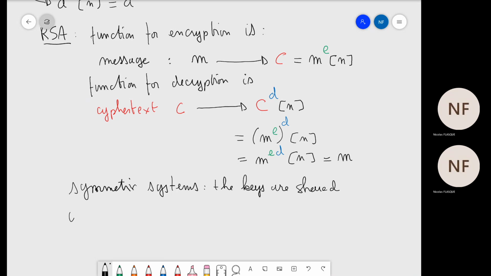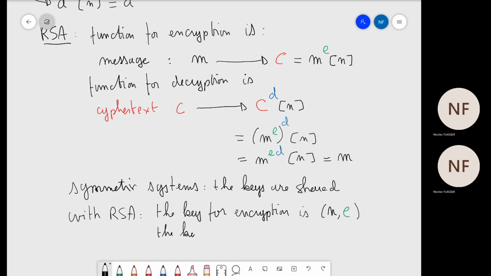Here, with RSA, the key for the encryption step is the couple N and E. Once you know N and E, you choose a message and you compute M to the power of E modulo N. You need no other information.